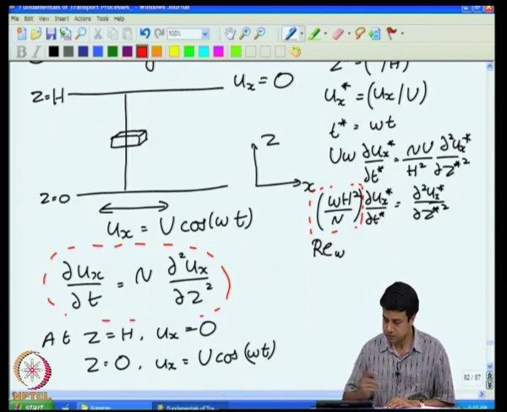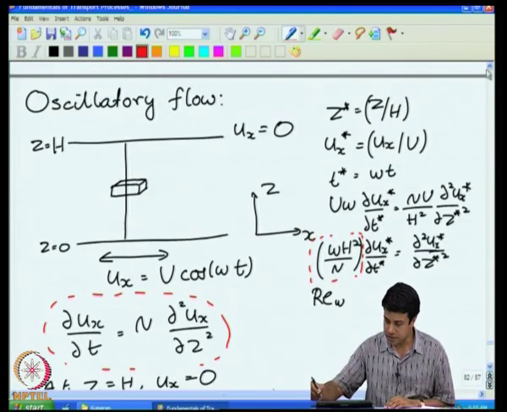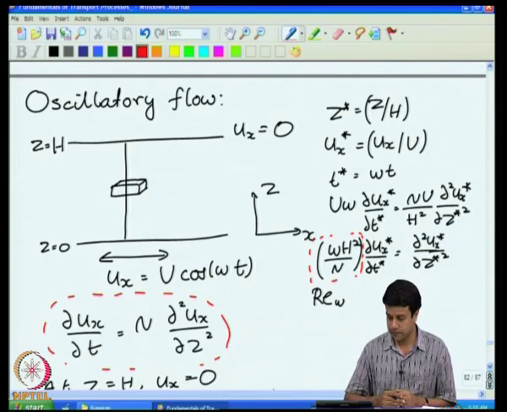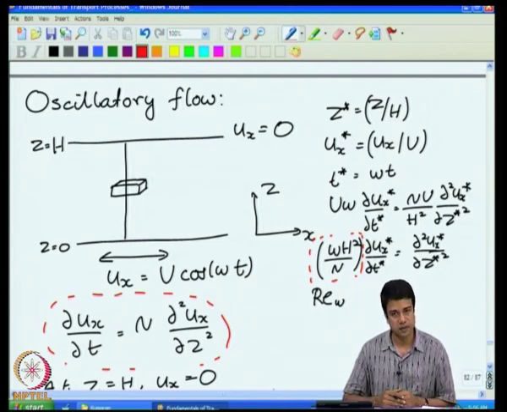We had defined scaled variables, z star is equal to z by h. H is the natural length scale because it is the width of the channel, and ux star is equal to ux by capital U, where U is the velocity with which the bottom plate is being oscillated. We also have an intrinsic time scale in the problem.